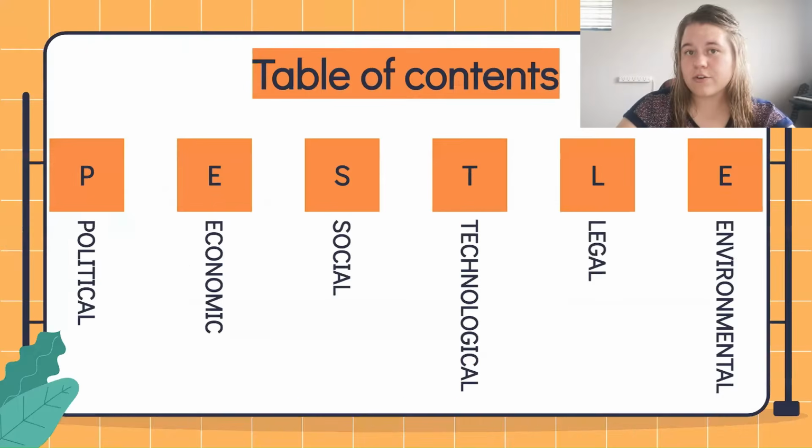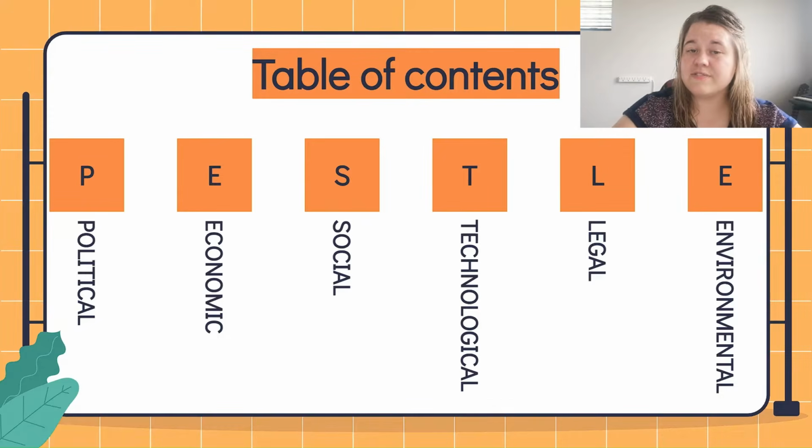So, with the macro environment, we are going to be looking at the following. It's a nice acronym that you can remember. We refer to it as PESTLE. So we'll be looking at the political environment, the economic environment, the social environment, the technological environment, the legal environment, and the environmental environment.